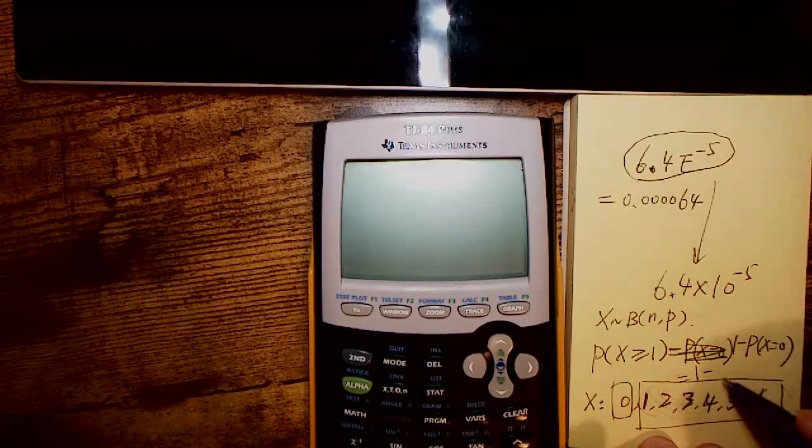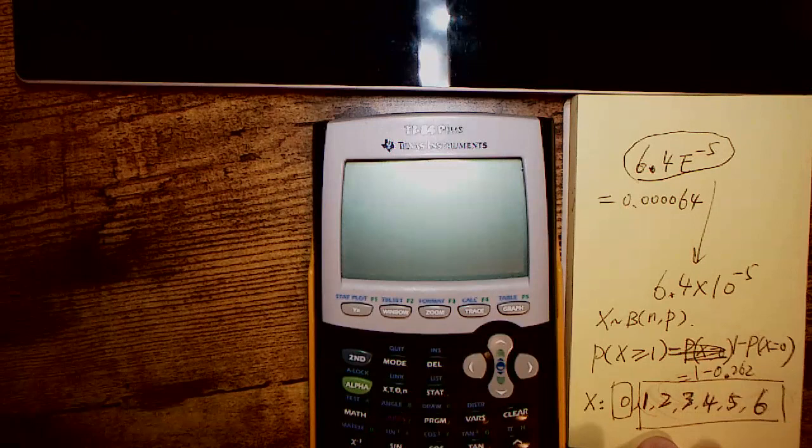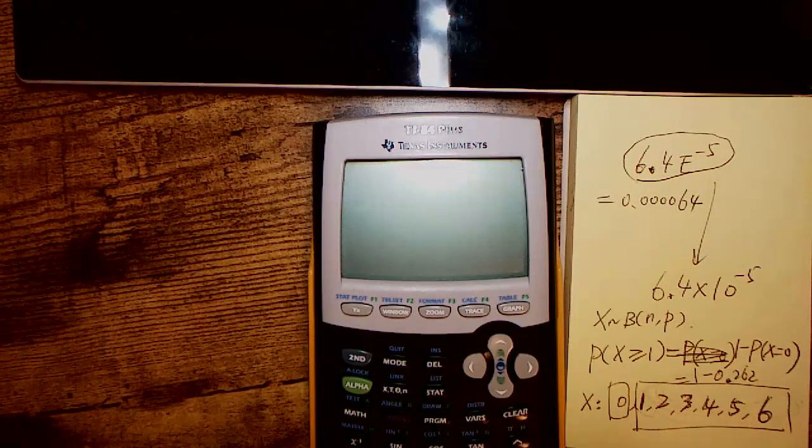I still remember, it is 0.262, right? Then you just subtract 0.262 from 1 to get the probability of at least one success among the 6 trials. Am I clear about that? We use this example to explain the connection between at least one and none. Any questions so far?